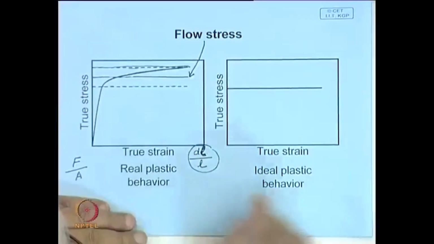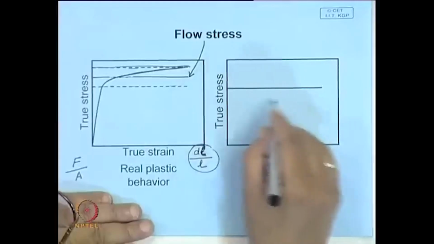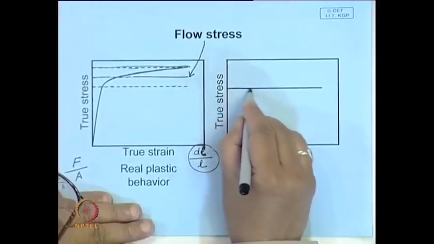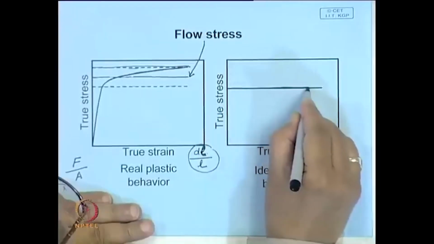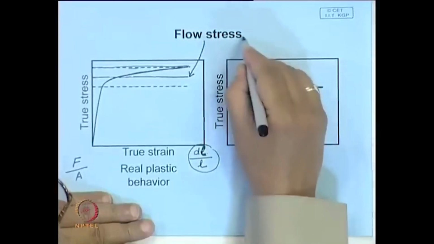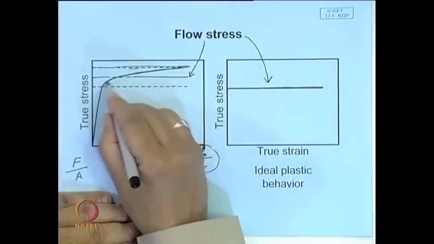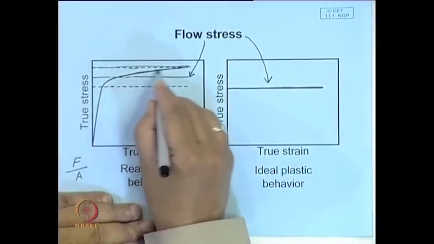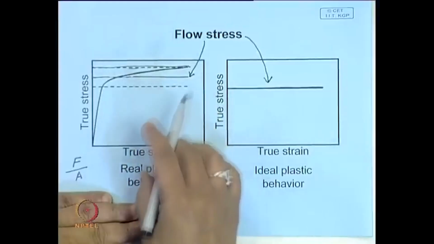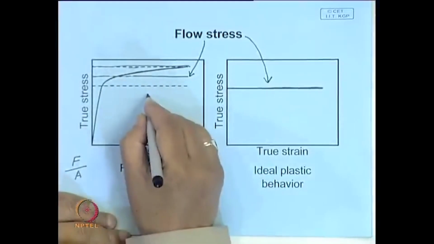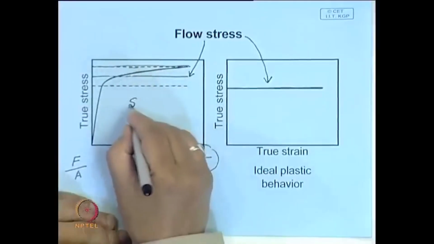Now, an ideal plastic material is one which flows very easily. So, this is your flow stress. In this particular case, flow stress increases as the material deforms. So, this is called strain hardening. There is a strain hardening here.